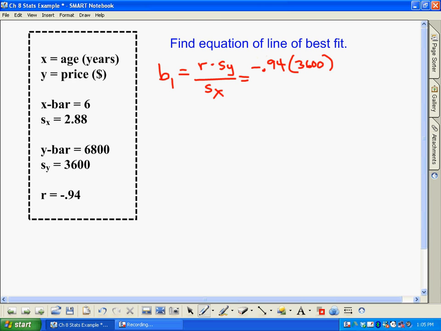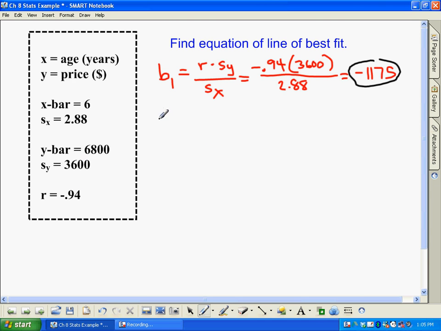And then you divide by the standard deviation of your x's, which is 2.88. So you just grab your calculator, crank out the numbers here, and you wind up with a value of negative 1,175. And notice, by the way, that r is negative, and our slope is negative as well. So r and the slope should have the same signs.